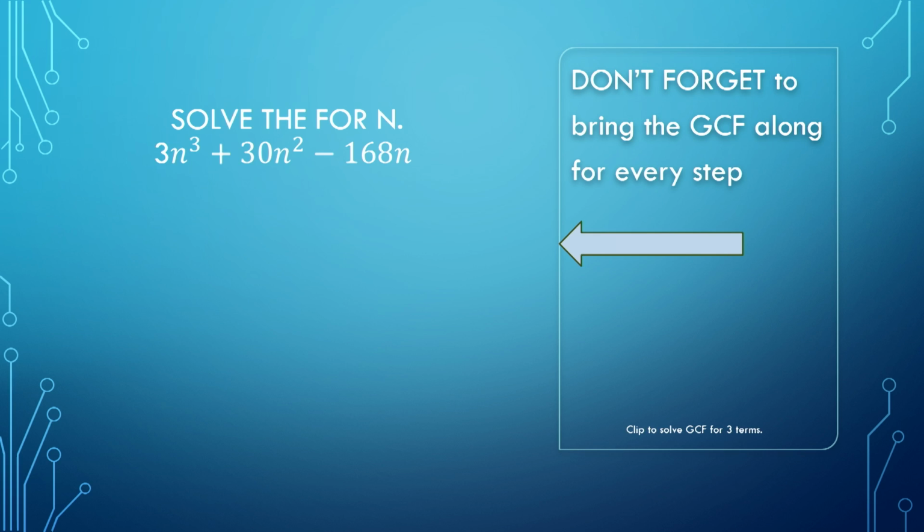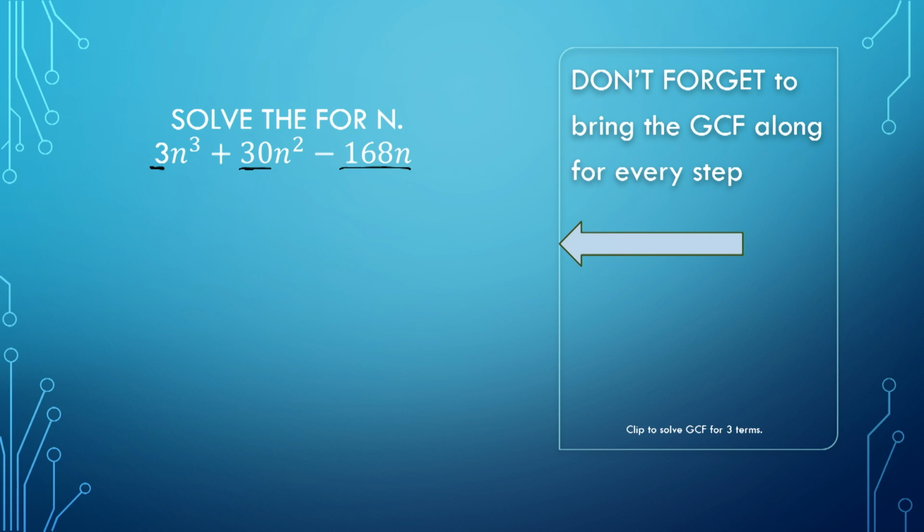My numbers are 3, 30, and 168. So I want to look in my calculator to see what possible greatest common factors there can be.